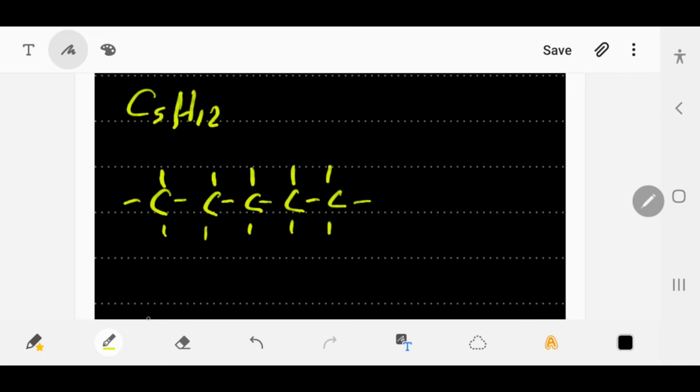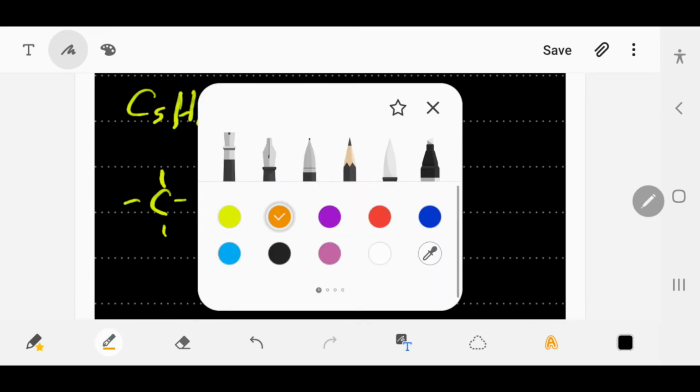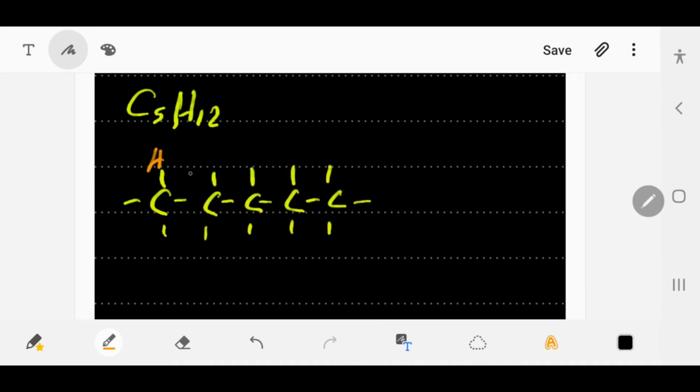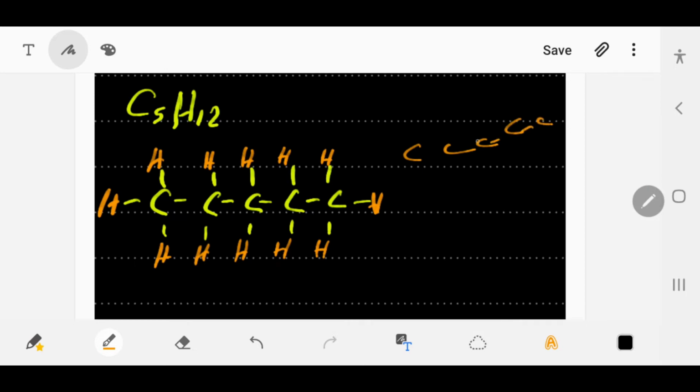And no need to write hydrogen around here. You already have to know that the other side of the line or the bond is hydrogen. And usually we can just draw it this way: 1, 2, 3, 4, 5.